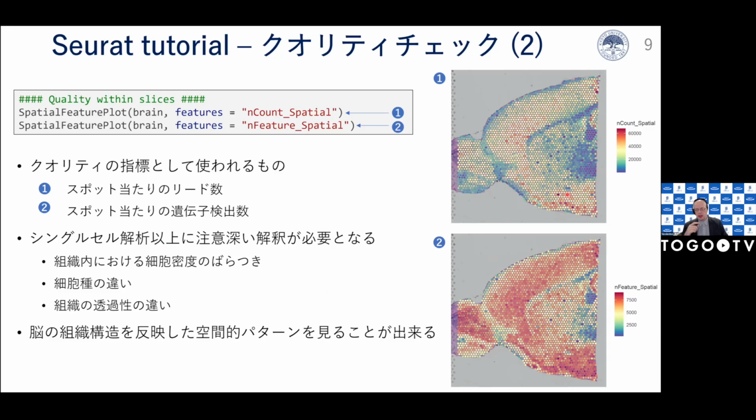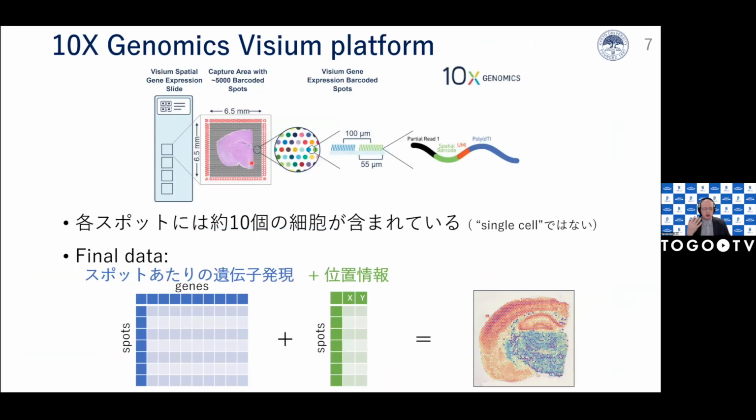So the difference in the reads might be caused, for example, because maybe the density of cells is relatively low here compared to here, or there are different cell types. Or also, several slides ago, I said I have to make this tissue permeable so the RNA can bind to the DNA.